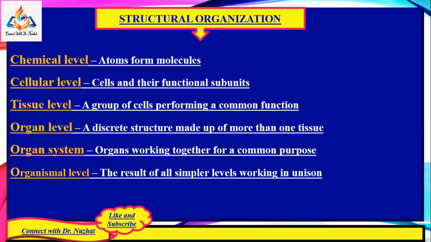Chemical level is the simplest level. It includes the building blocks that make life possible. Atoms bind together in various combinations to form molecules that make up several essential functions of life.